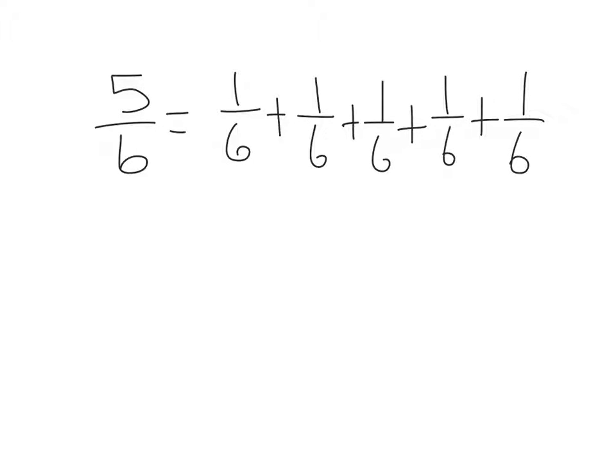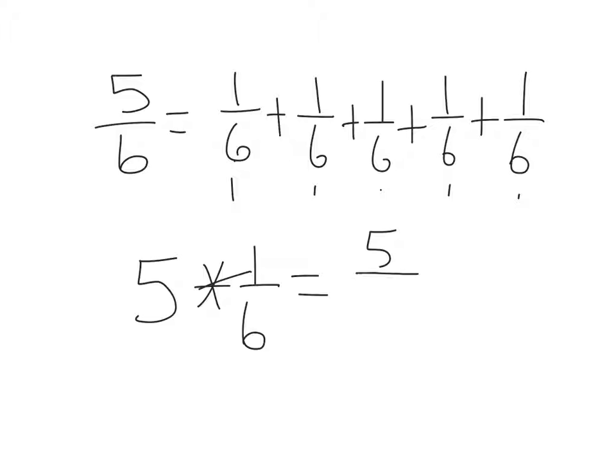This is where I can now make my multiplication problem. I now have 1, 2, 3, 4, 5. 5 times 1/6 equals, 5 times 1 is 5, and the denominator stays the same, 5/6.